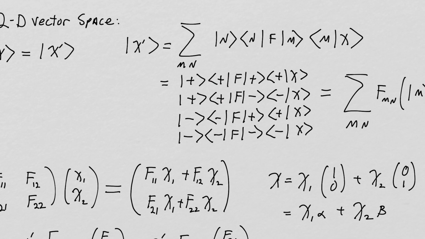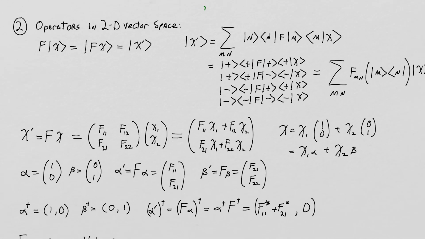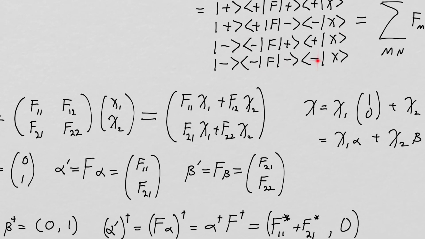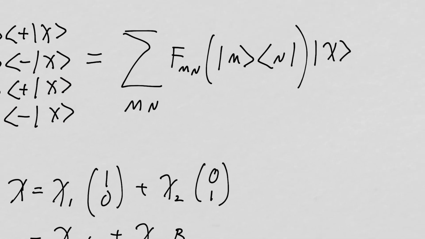That's what knowing how the operator works means. And in the two-component formalism, it means knowing the literal matrix elements. And as a reminder, we call these matrix elements also, despite the fact that this formalism is not a matrix formalism. Although it's very close, as I pointed out here, right?